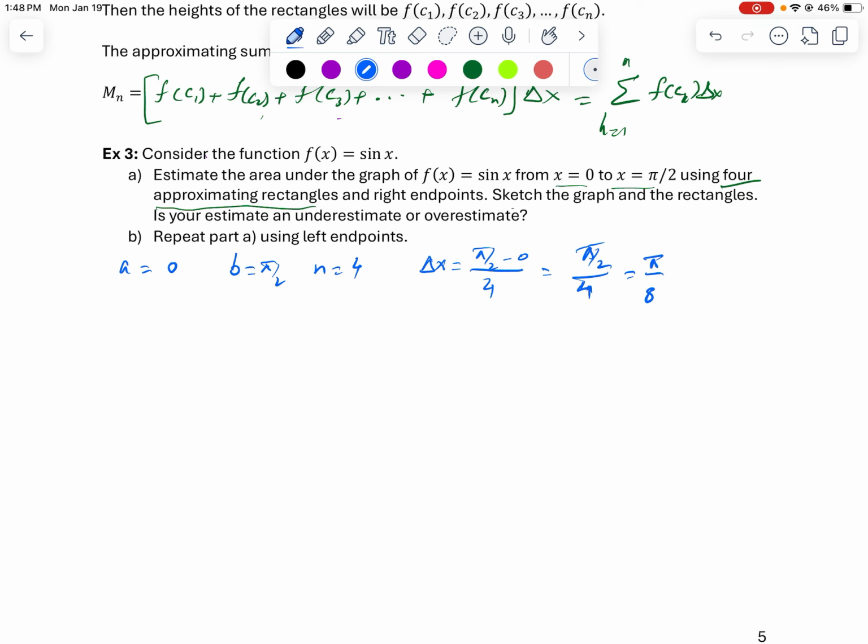Okay, so now I have to find the tick marks. So x sub 0 is equal to a, which is equal to 0. X sub 1 will be equal to 0 plus delta x, so 0 plus pi over 8, which means pi over 8. And now actually I can use that formula, x sub k is going to be a plus k delta x.